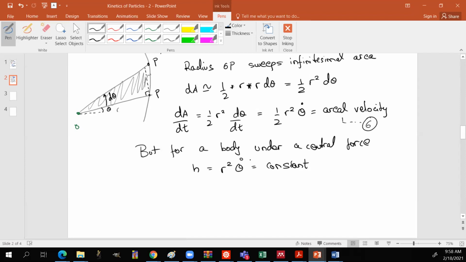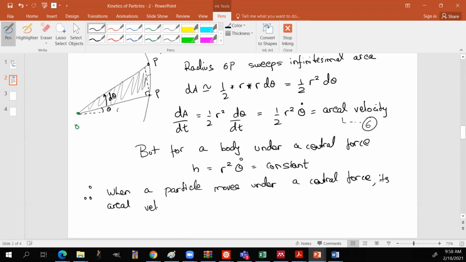So what does that mean? That means that whenever a particle moves under a central force, its areal velocity is constant. And this is in essence Kepler's law.